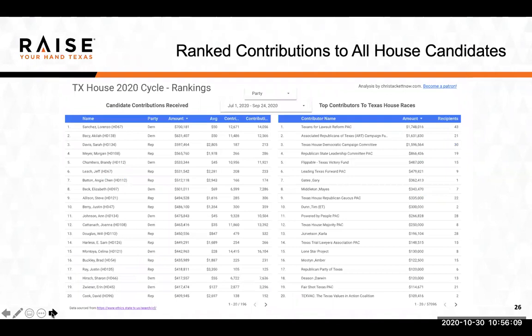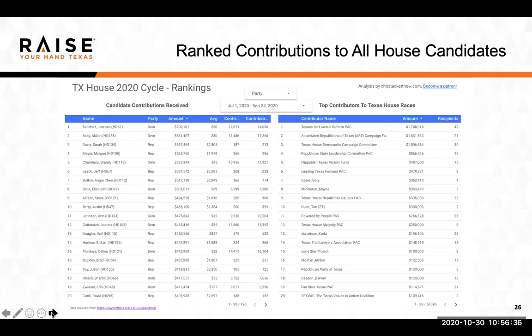Let's look at the House for a minute. This is another piece of information that shows you ranked contributions to all House candidates. So if you look at the left side, all candidates in House races during this time window, July 1 to September 24, this is in descending order. What candidates, how much have they received from most to least?